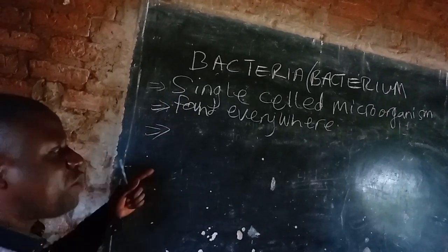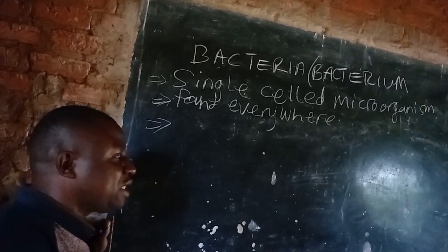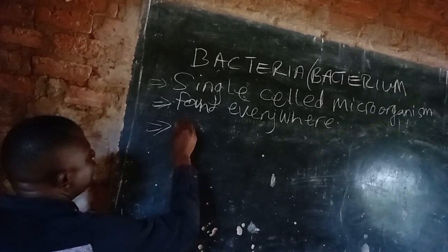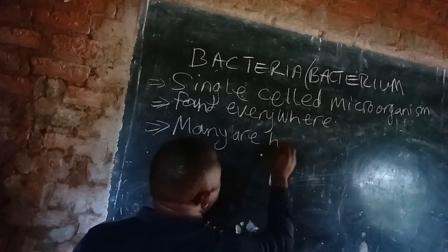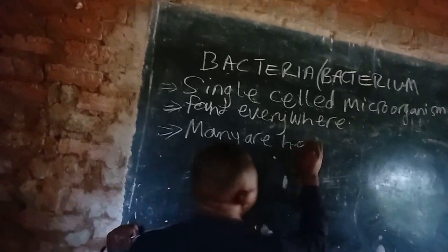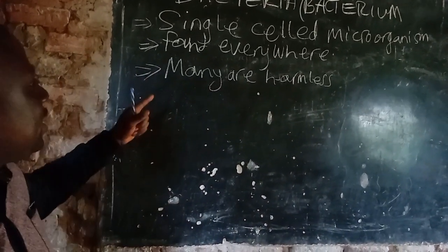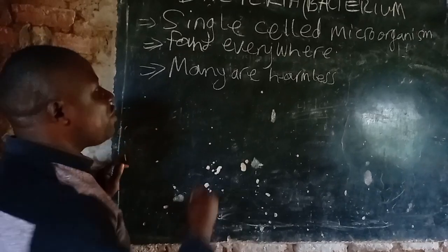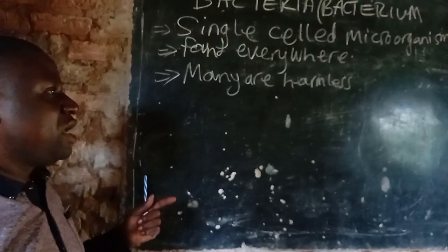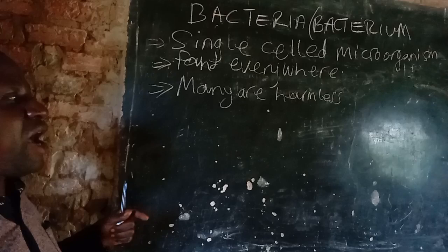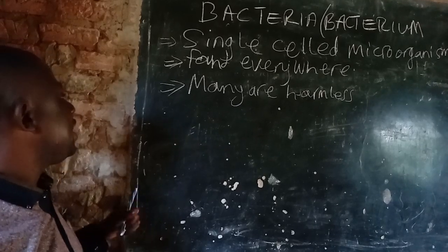Another thing to know about these bacteria, there are millions of bacteria, but many of them are harmless. In fact, some of these bacteria help us in other things. Some bacteria are used to process some foods artificially, like yogurt.